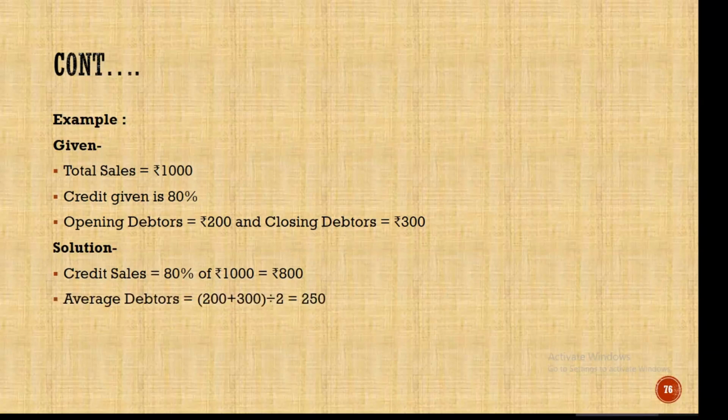Then we have to calculate average debtors. Opening debtors plus closing debtors divided by 2 will give you the average debtors figure, that is rupees 250. And now we apply the formula: accounts receivable turnover is equal to 800 divided by 250, which gives you the answer 3.2 times.